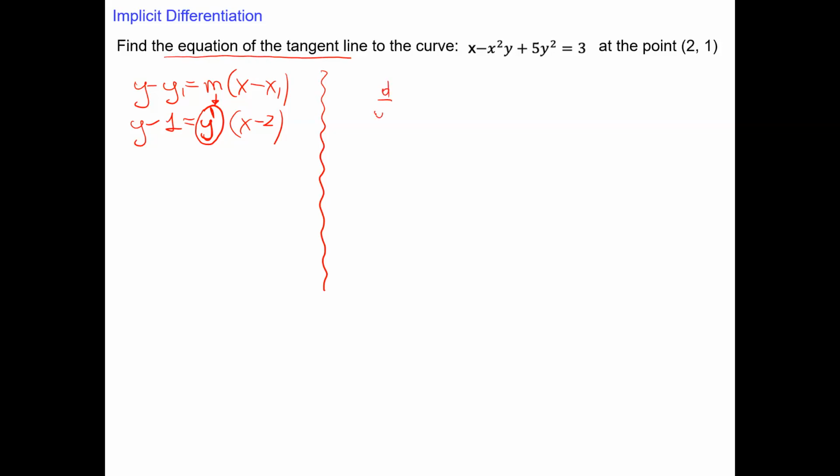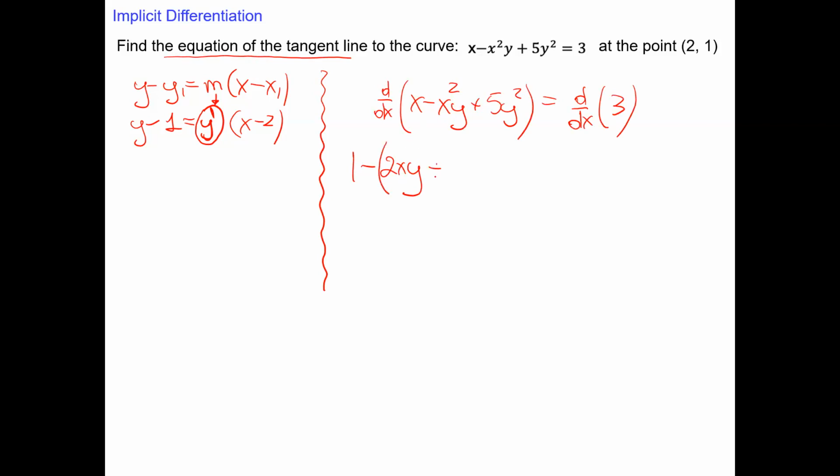Let's differentiate this expression with respect to x. Derivative of x is 1. Derivative of x squared is 2x times y, and we do have addition in the product.